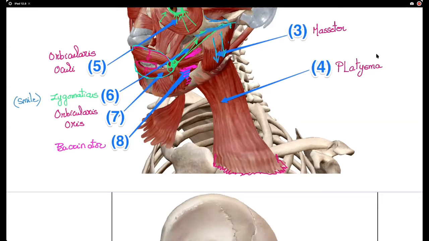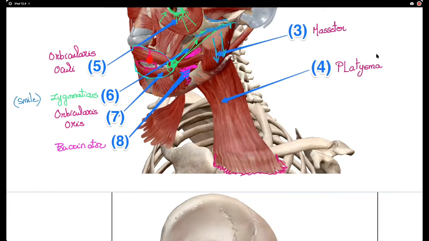A circular muscle that you've seen, which was located around the oral orifice or the opening of the mouth. This is my orbicularis oris. And the action, as we've learned, is that a circular muscle, when it contracts, is going to be reducing its diameter.